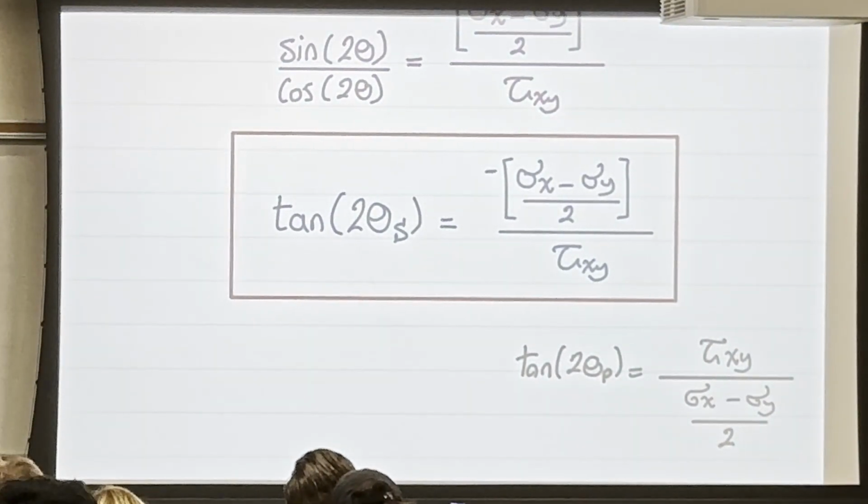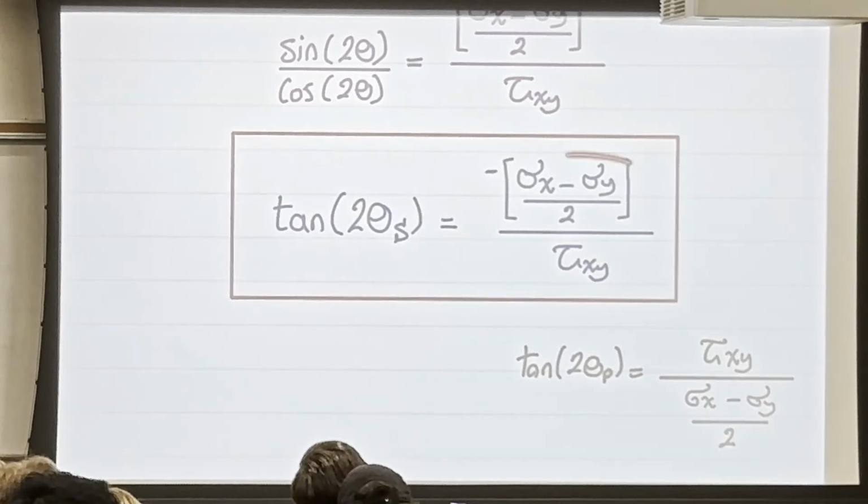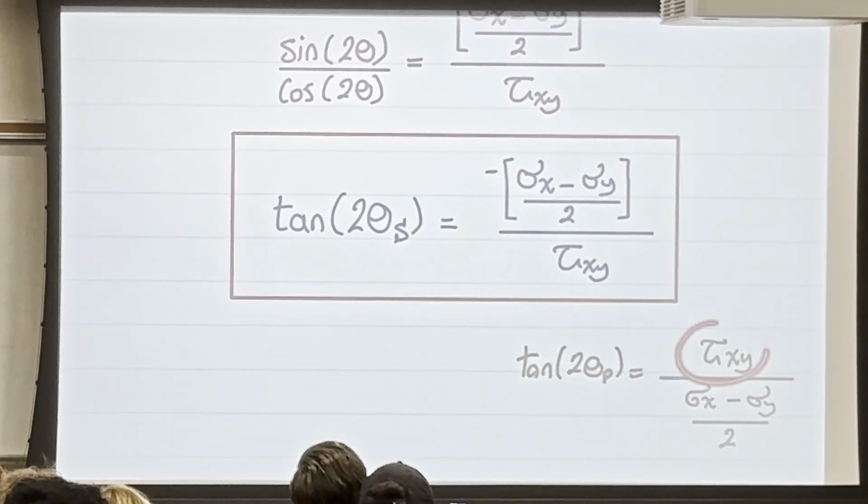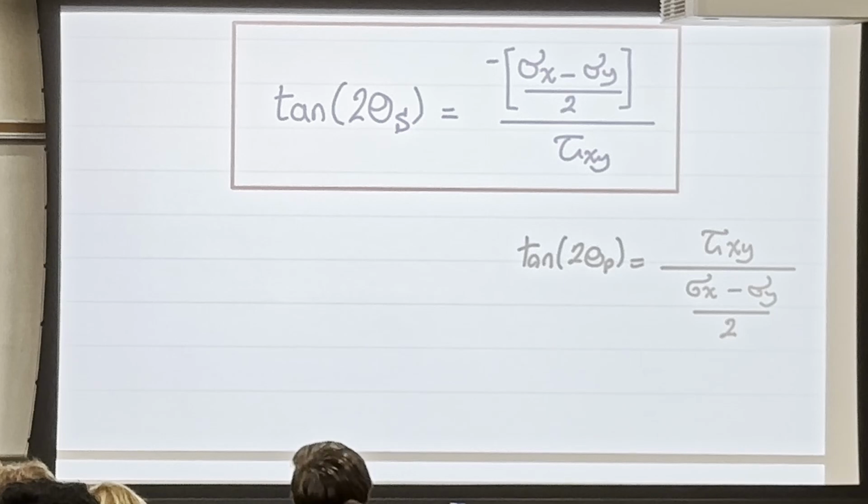And the reason why I call it S is because that's the theta that will give me the maximum shear. I have this over this. And to remind you that the tan 2 theta p was this over this. What is the relation between both? Correct. They are a negative reciprocal of each other.